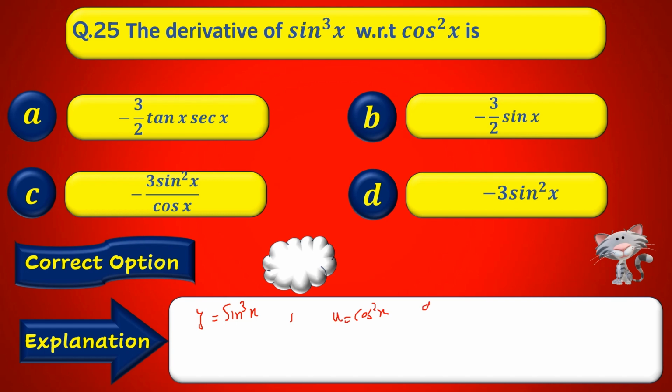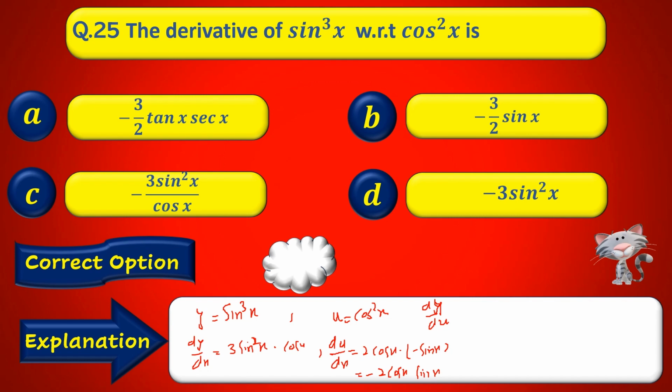So we find dy by du. Dy by dx, the derivative of sine cube x will be 3 sine square x into the derivative of sine x, cos x, and the derivative of cos square x will be 2 cos x into the derivative of cos x, minus sine x. It can be written as minus 2 cos x sin x.